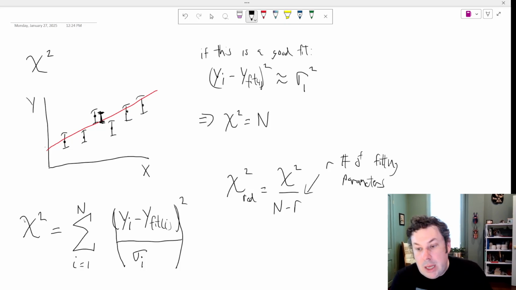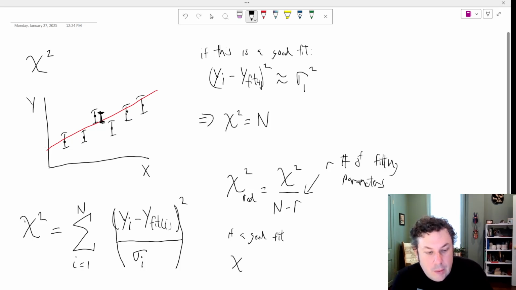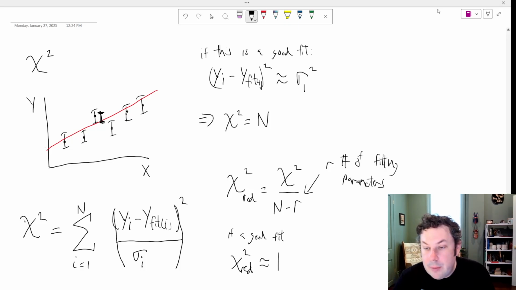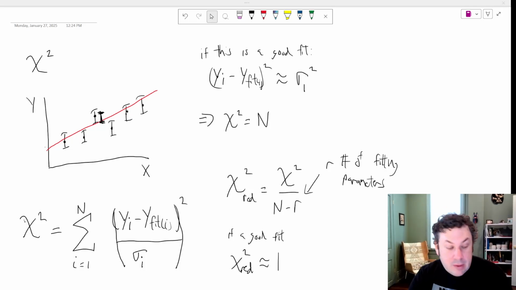So if you fit a line ax plus b, it would be 2, because a and b. So that's what reduced chi-squared is. For a good fit, reduced chi-squared should be approximately 1.